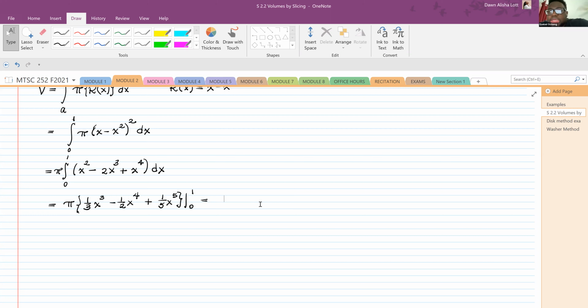So we're always taking the antiderivative, Dr. Lott? You have to. That's what the integral stands for. That sign right here says take the antiderivative and evaluate it between 0 and 1. That is the fundamental theorem of calculus.